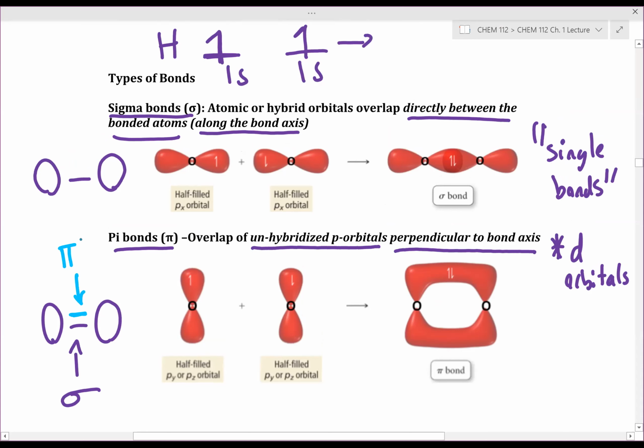Each additional bond is an additional pi bond. Now, as we notice from this picture of a pi bond, is it directly along the bond axis? Is it directly between our oxygen atoms, or is it parallel to the bond axis? Parallel. It's above the bond axis. Okay, perfect. And I like to think of our pi bonds as our double or triple bonds.